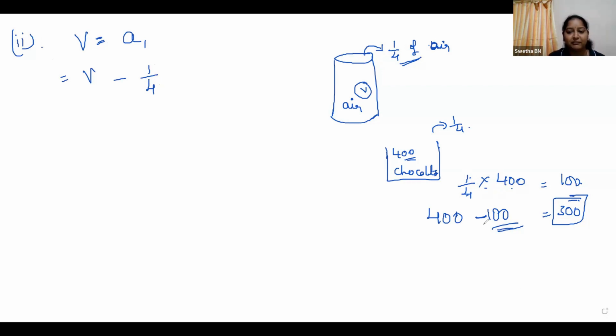Observe carefully. Yes, 1/4 of V. How did we get this 100? We calculated 1/4 of 400, so we are removing 1/4 of V. So what is the answer here? 4 is the LCM.